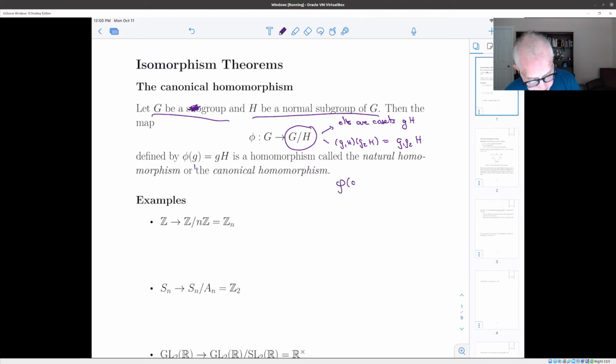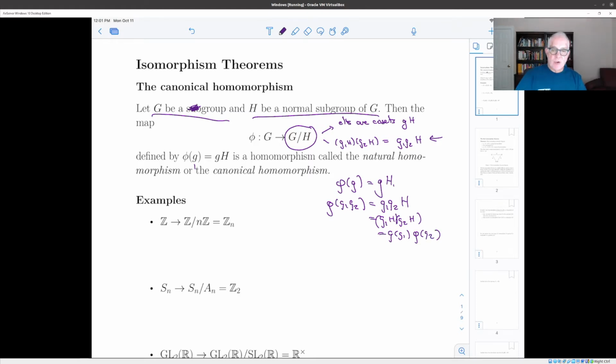So phi of g is gH. And this is a homomorphism for the reason I just wrote here: phi of g1g2 is g1g2H, which is g1H g2H, which is phi of g1 times phi of g2. So it is a homomorphism.